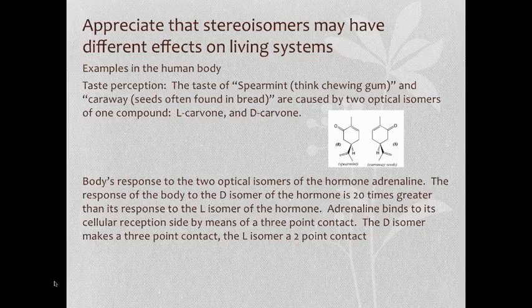The response of the body to the D isomer of the hormone is 20 times greater than its response to the L isomer of the hormone. Adrenaline bonds to its reception site by means of a 3-point contact. The D isomer makes a 3-point contact. The L isomer a 2-point contact. You can see why the D isomer is 20 times greater in its response than the L isomer.